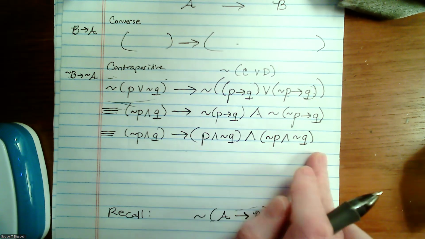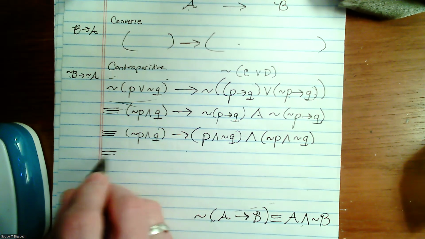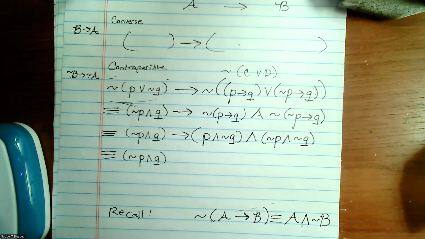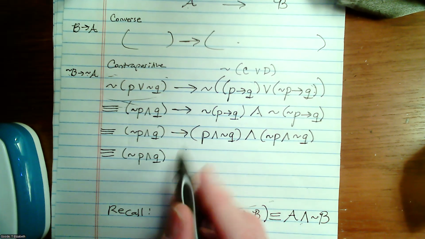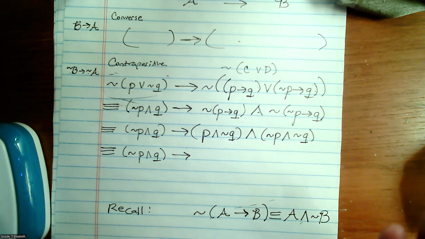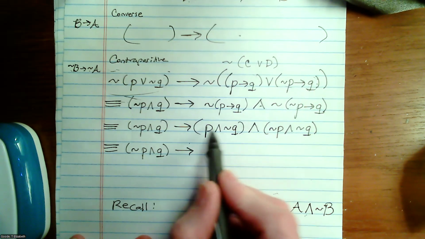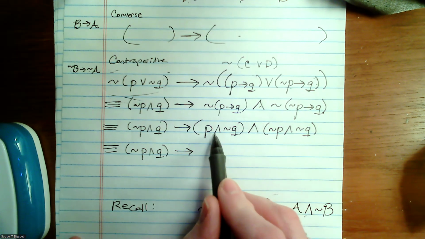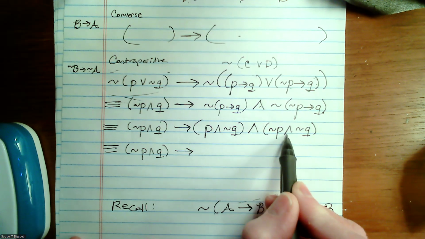Now let's just see if we can do anything with this. There's a table of logical equivalences in section 2.1, and it talks about reducing things down. Let's see what this really says, just for kicks and giggles. It's a big old and statement, right?